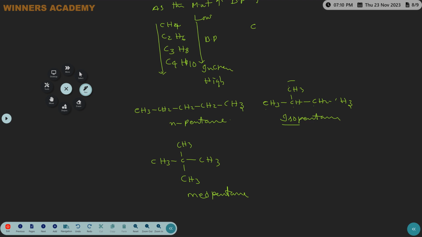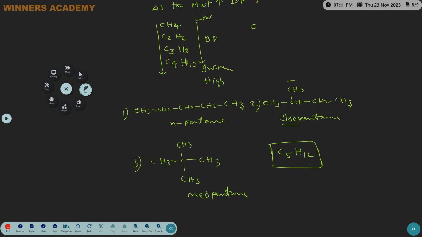So all these 3 compounds, 1, 2 and 3, contain the same number of carbon atoms, C5, and hydrogens CnH2n+2, so C5H12. All have the same number of carbon atoms and the same number of hydrogen atoms.